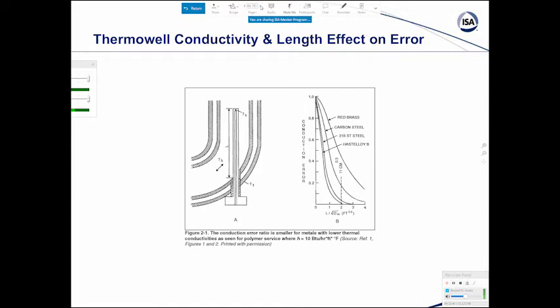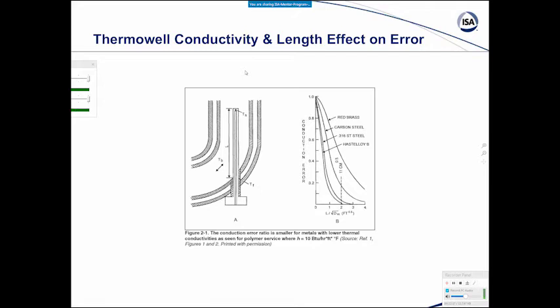There's a conduction error that's very important to make sure you minimize, and that's due to the thermal conductivity of the well itself and the heat flowing along the thermal well. If the temperature inside in the process is higher than outside the pipe, which is what I often think of, then you got this heat flow from the tip of the thermal well out towards the flange or the connection of the thermal well.